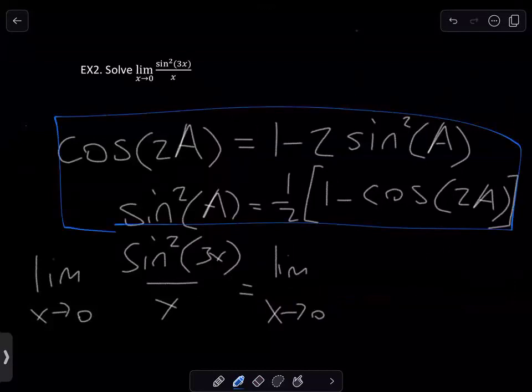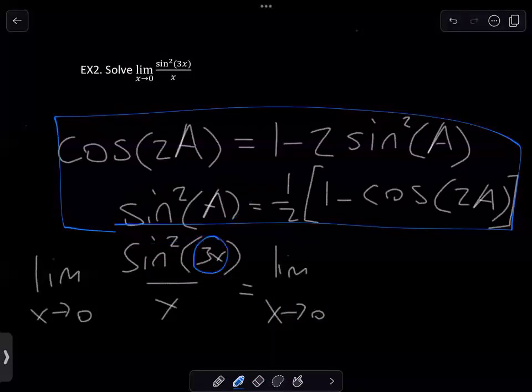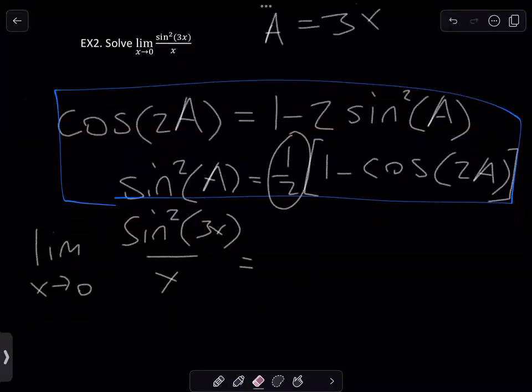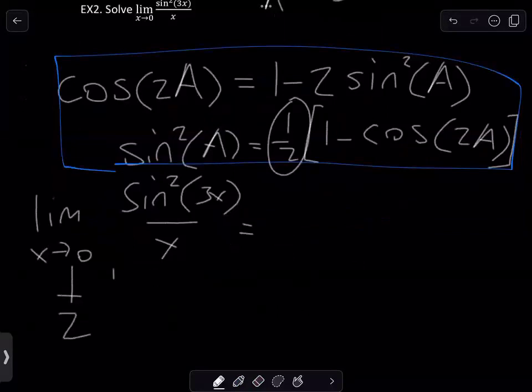So it says that sine squared of a, in this case our a is 3x, so just write that out in pencil on the side, is equal to half. So it's going to be half in the numerator. But I don't want to write that half in the numerator, so let's take that half out and write it in front of the limit because it's a constant. So it's going to be half of the limit as x approaches 0. That half came from here.